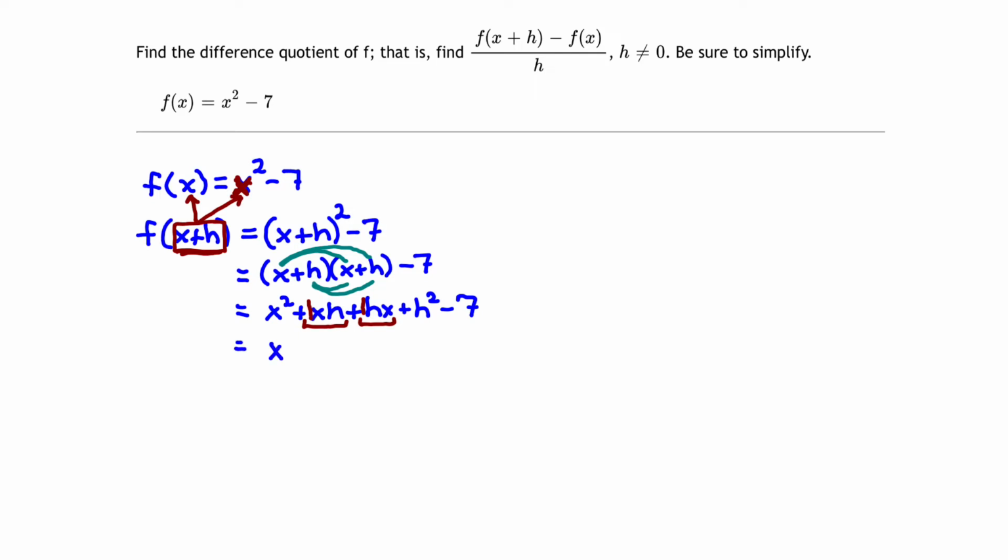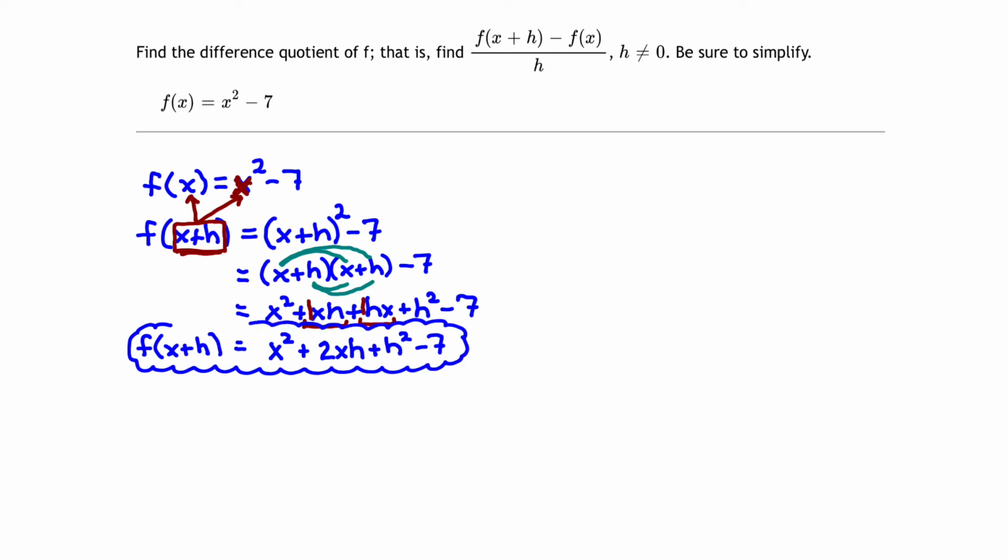So I have x squared plus 2xh plus h squared minus 7. That expression is simplified as far as it will go, and so I'm going to put again to remind myself that f of x plus h is equal to x squared plus 2xh plus h squared minus 7. And f of x, remember that's our original function, is equal to x squared minus 7.